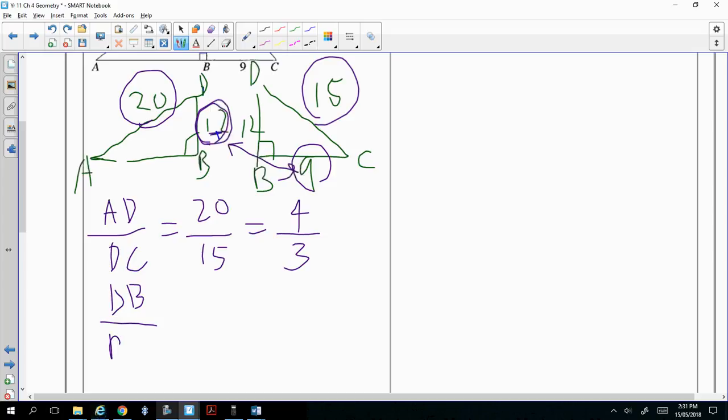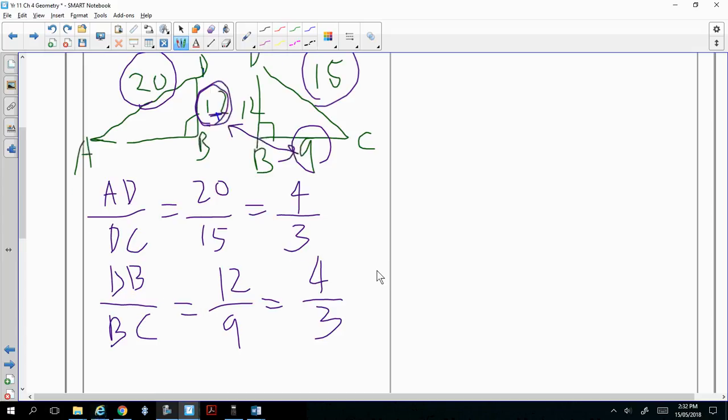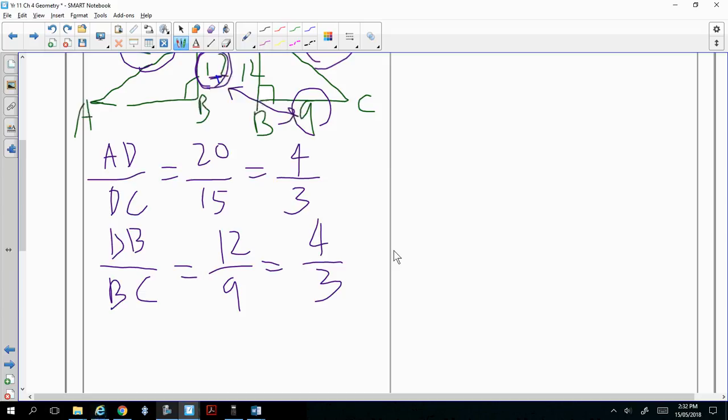Right? And then you say angle ABC is equal to angle DBC. They're both 90 degrees. Right? And then you say, therefore, triangle ABC is similar to triangle BCD.